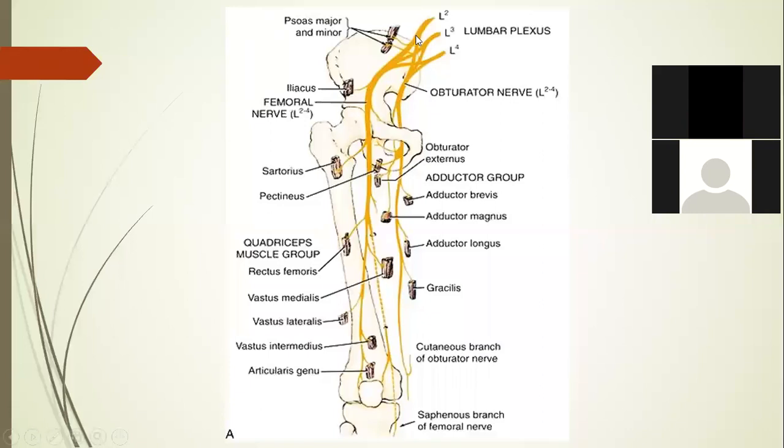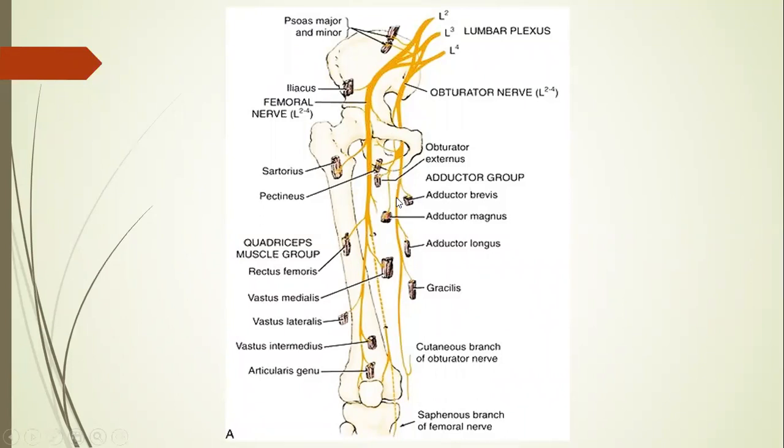So these are the anterior deviants from L2, L3 and L4. They all join to form the obturator nerve, mainly supplying several muscles of the medial compartment of the thigh, including articular branches to the hip joint and the knee joint.